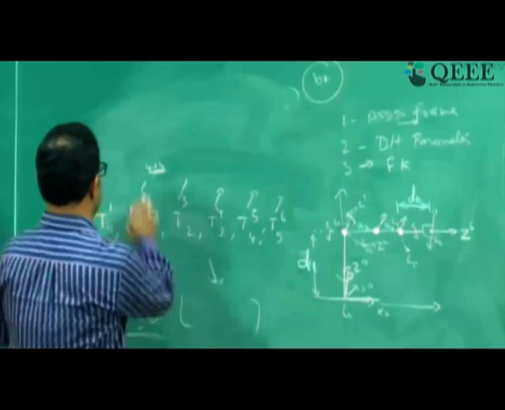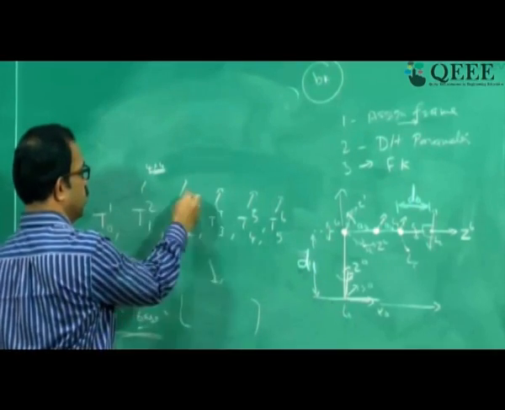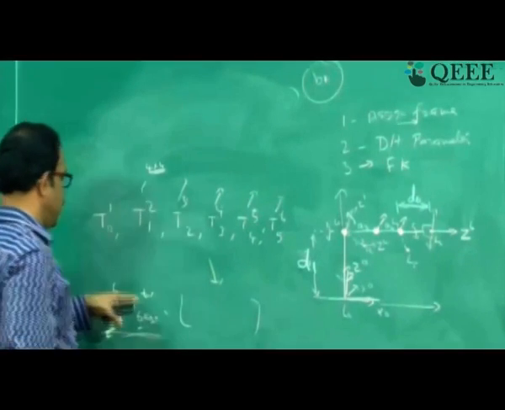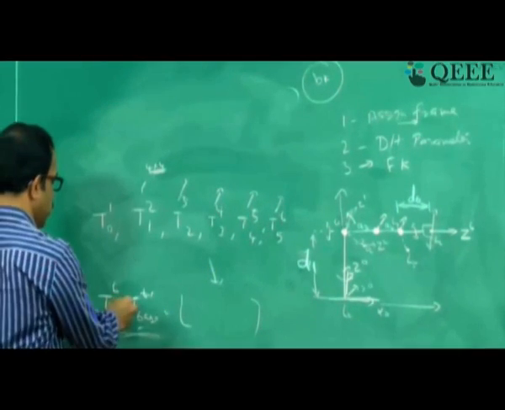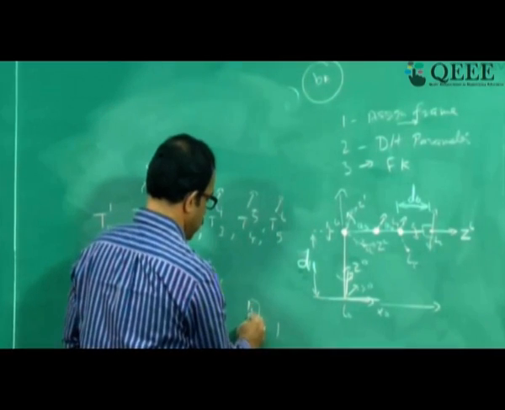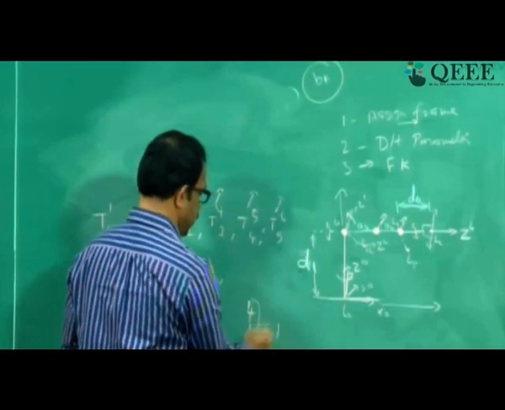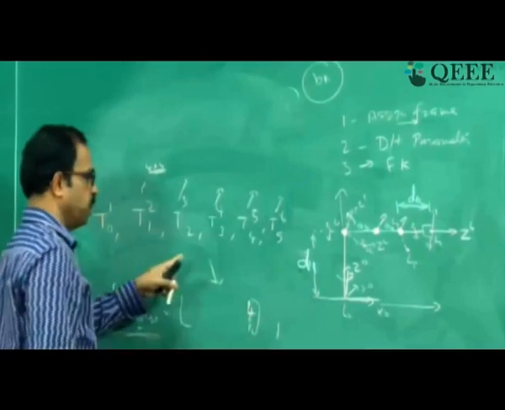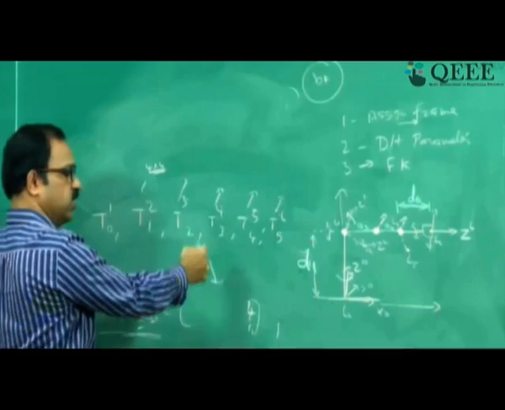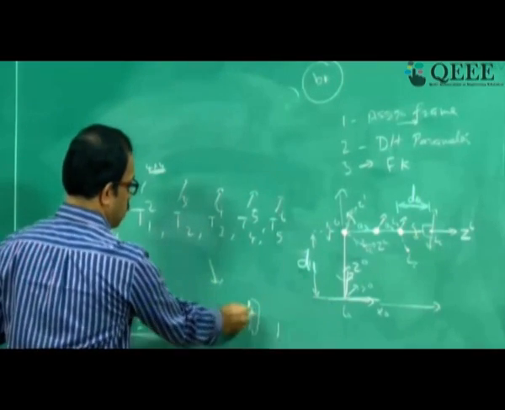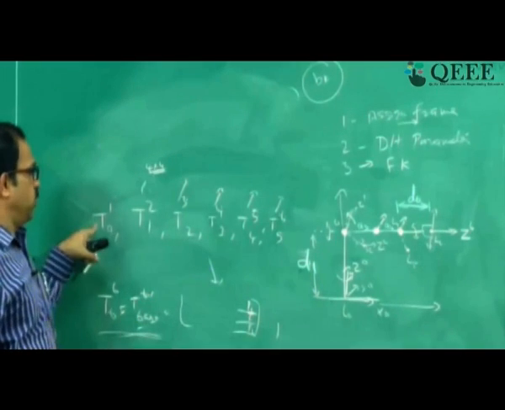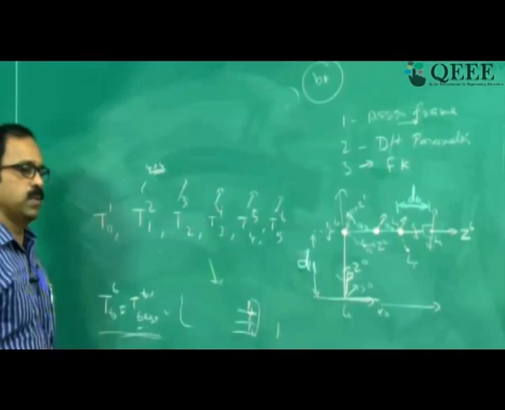So 6 variables, and finally when you multiply this, you will be getting Px, Py, Pz as a function of these joint variables. It will be a long expression because you have 6 matrices. When you multiply all these 6 matrices, you will be getting a long expression for Px, Py and Pz as a function of these joint variables.